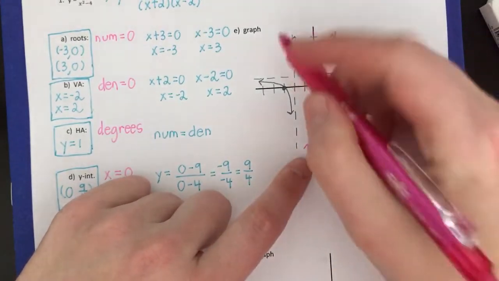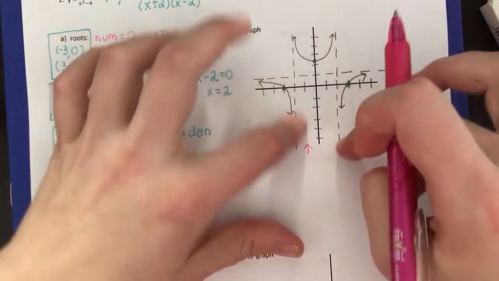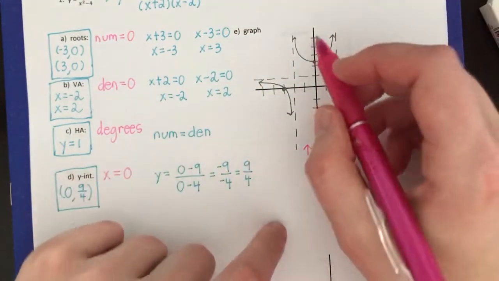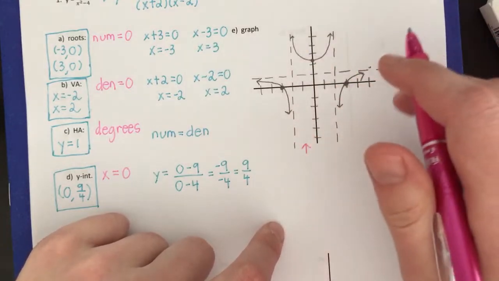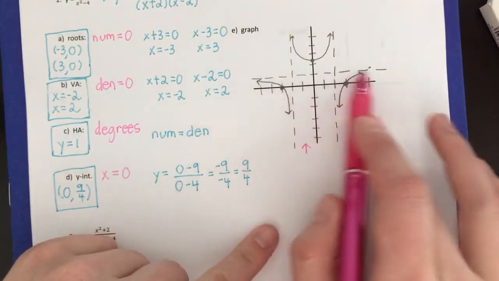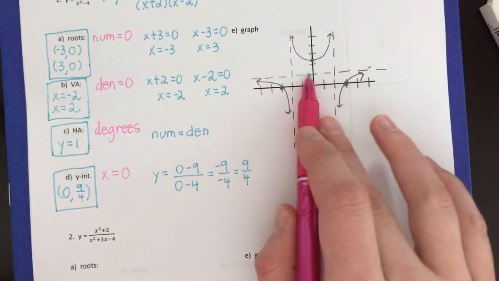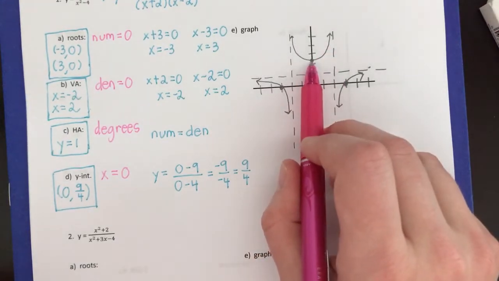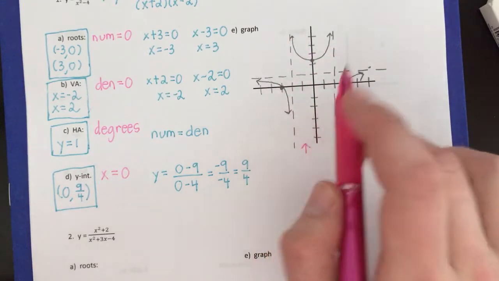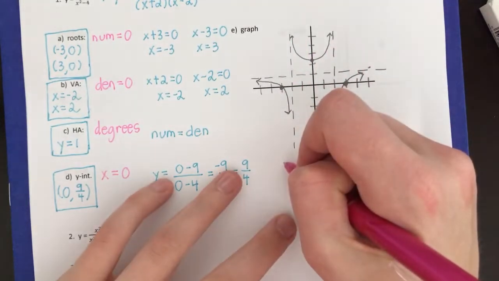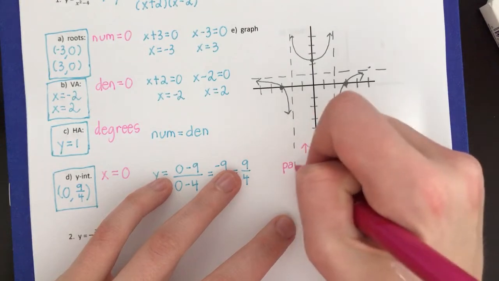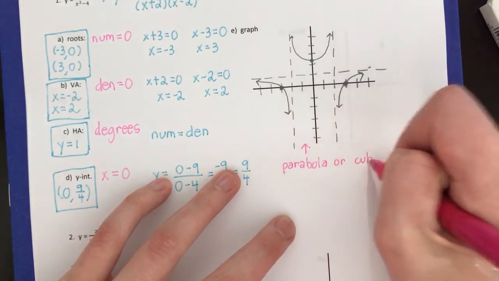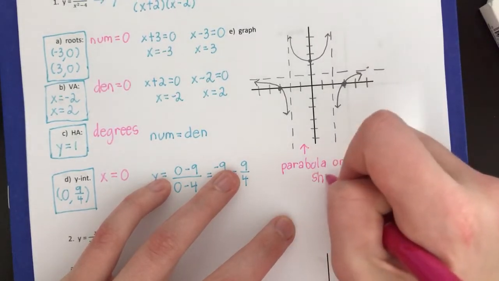If you have a situation where you have two vertical asymptotes like this, and a point inside, what's going to be in here is really dependent on this horizontal asymptote, because of course we can't touch or go through this, all right, at this point. So your graph here in the middle will always look parabola shape or cubic shape.